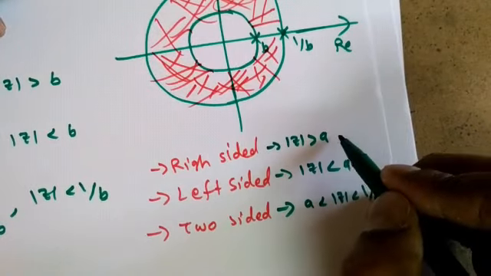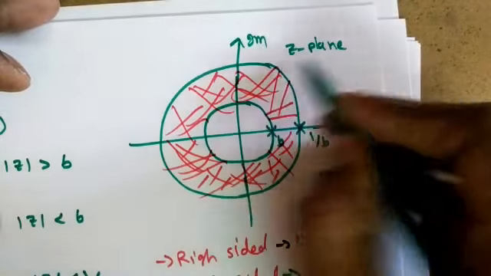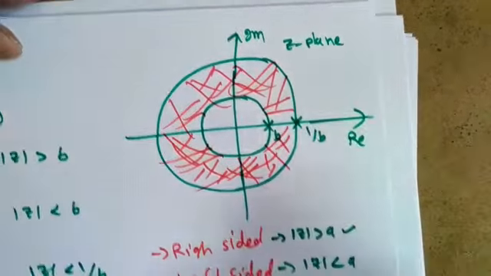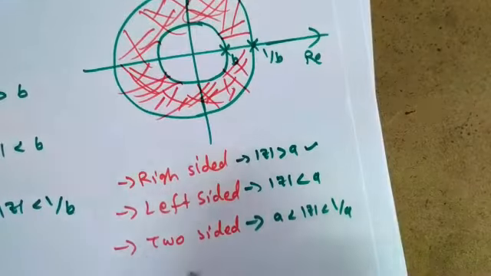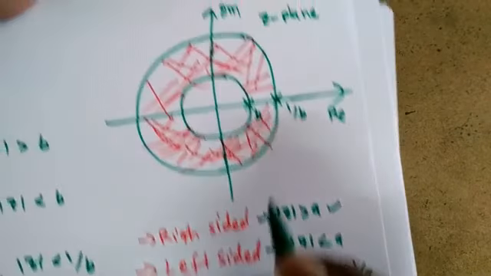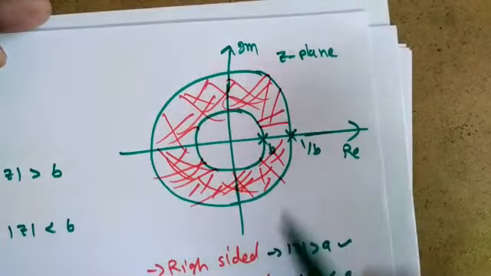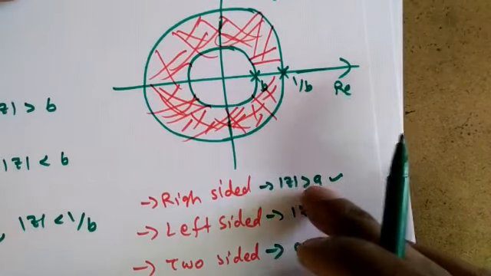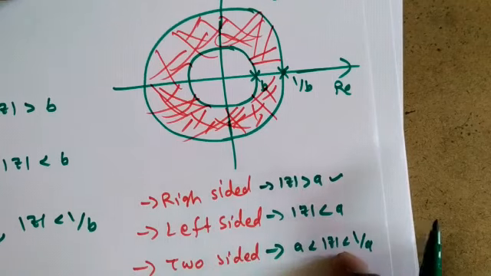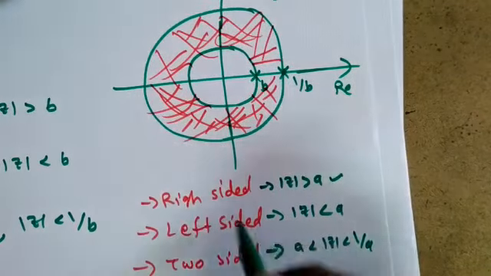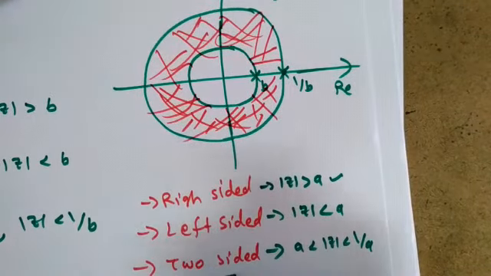So for a right-sided sequence, we will get the exterior of the circle. Left-sided means we will get the inner side of the circle. When there is a two-sided sequence, we will get a ring in the z plane. So that is right-sided, left-sided, and two-sided.